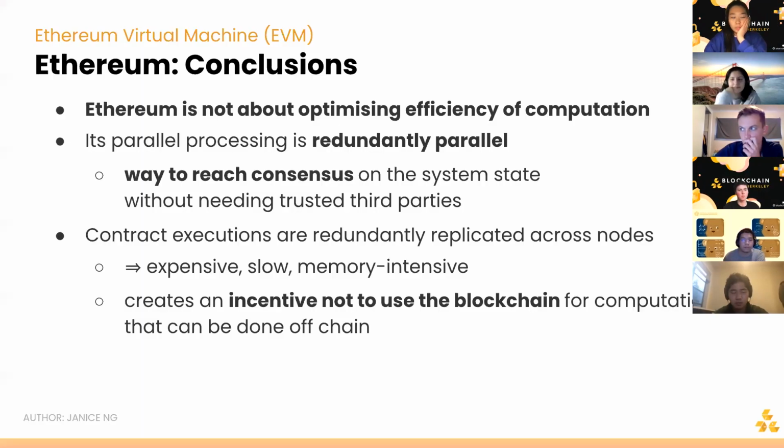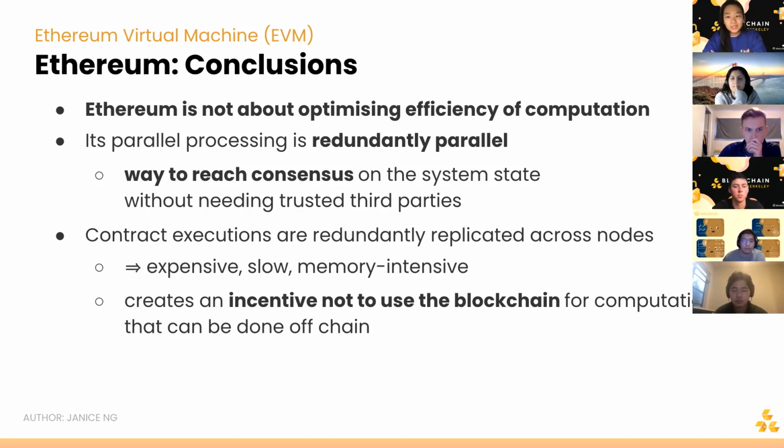Cool. So, conclusions. The main goal is not to optimize computational efficiency, but to enable distributed and trustless computation. Every node on the network has to run the same computations, which is basically redundantly parallel because they're all doing the same things on different computers, and the contract executions are replicated across all nodes.